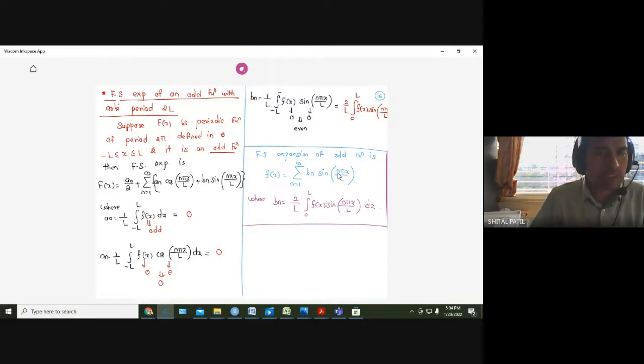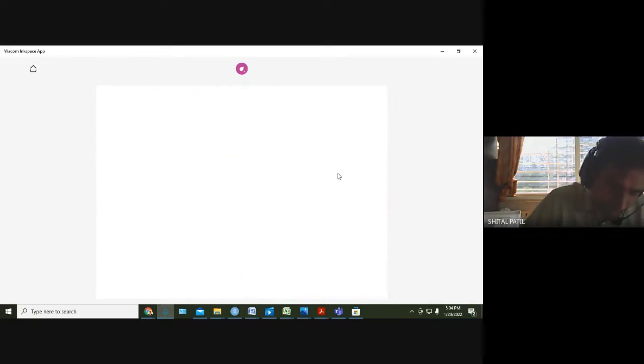Example. Find the Fourier series. Let me change the page. Okay, start. Examples.